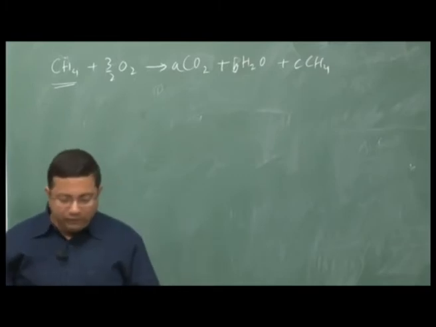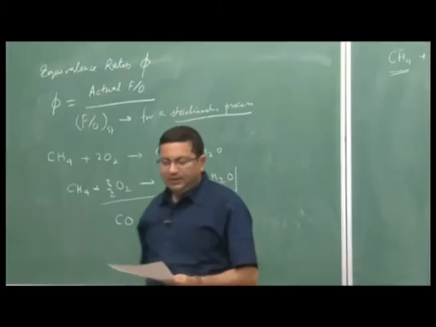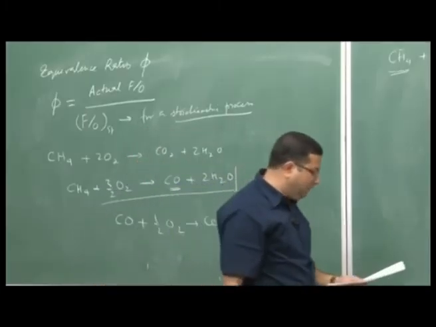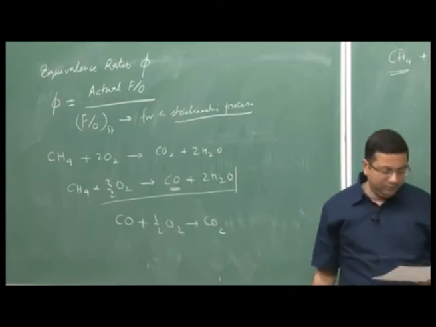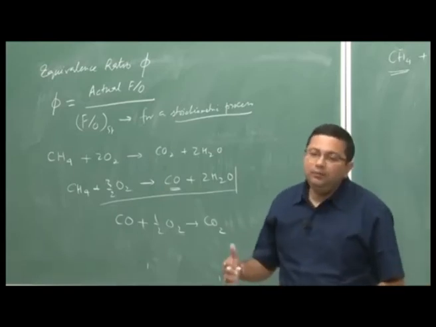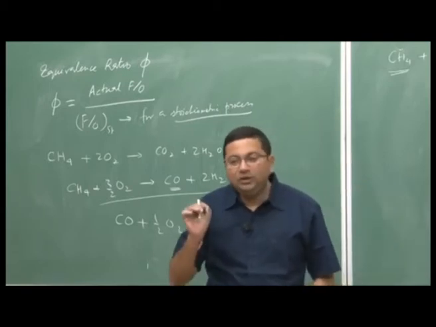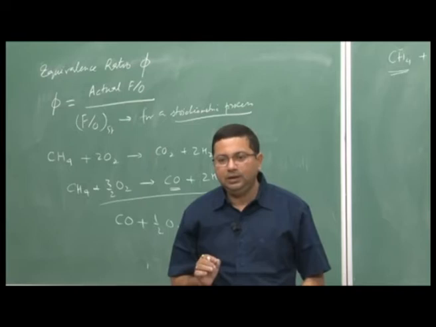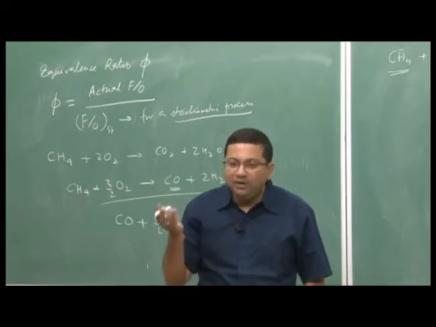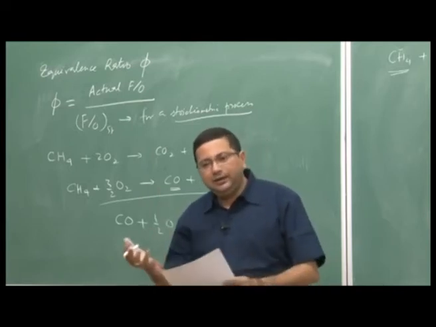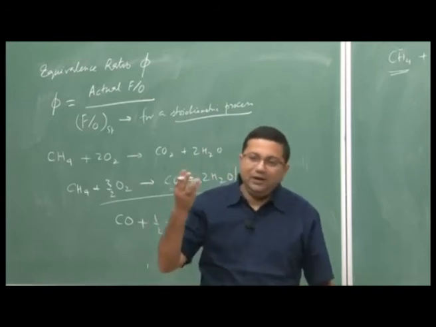So, a stoichiometric reaction is defined as a unique reaction in which all the reactants are consumed and the product species are all stable. Therefore, this is the most economical reaction if you look at it. You do not have any unburned fuel. So, all the energy has been released, you do not have any unburned oxidizer.